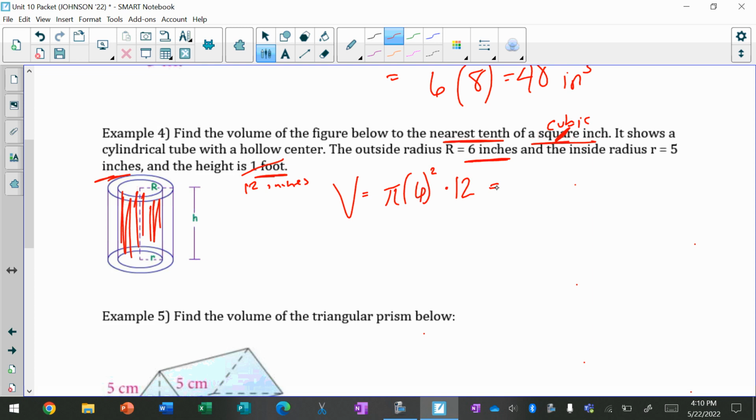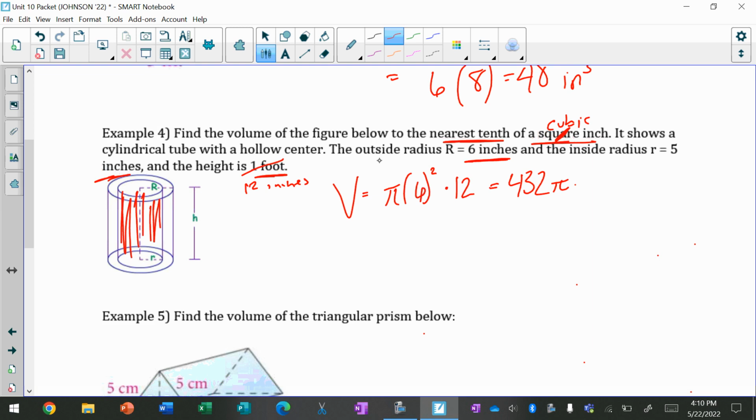So that's going to be 36 times 12. You should have your calculators following along. That's 432 pi is the volume of the whole thing. The whole thing that is 12 inches tall and has a radius of 6.